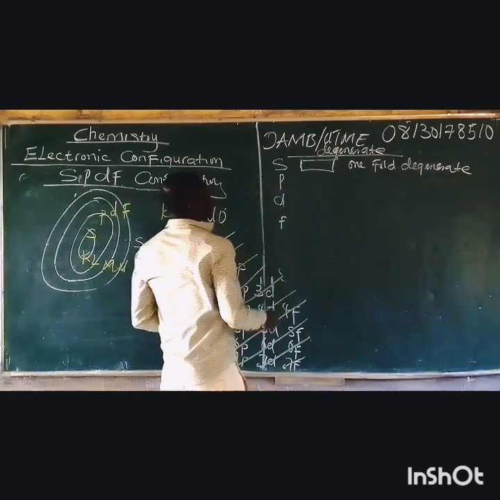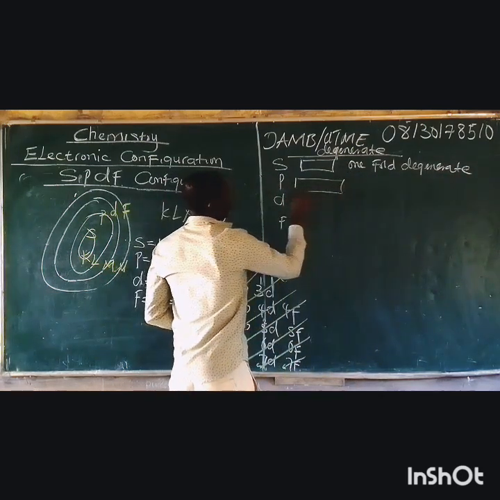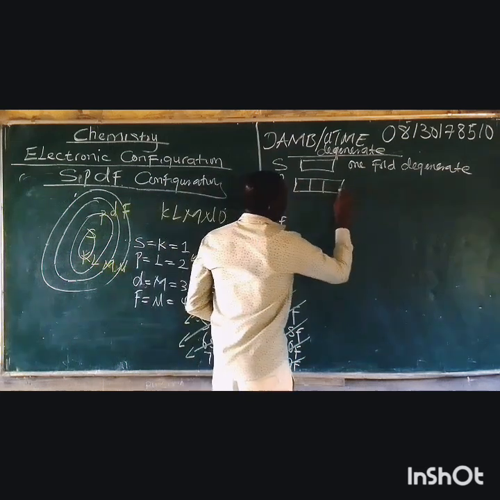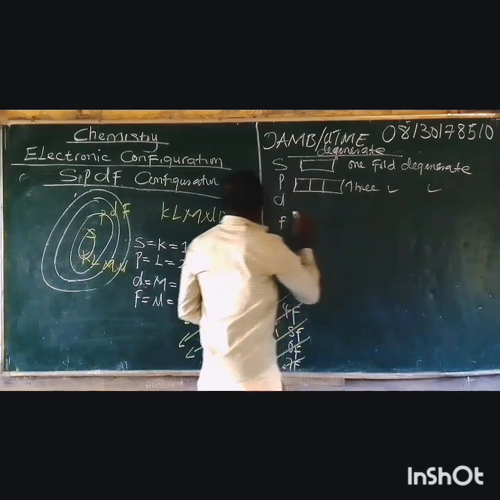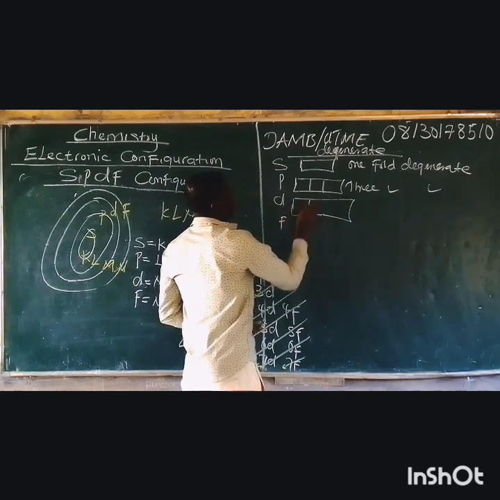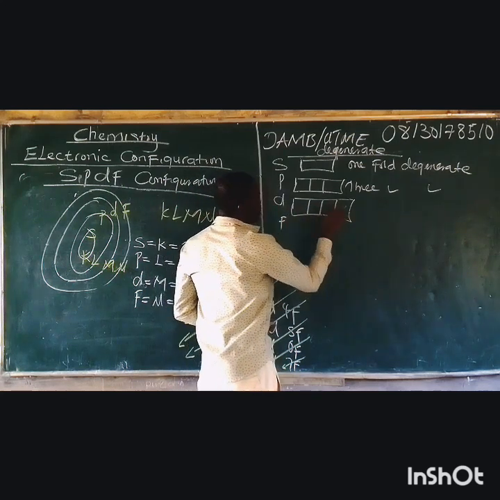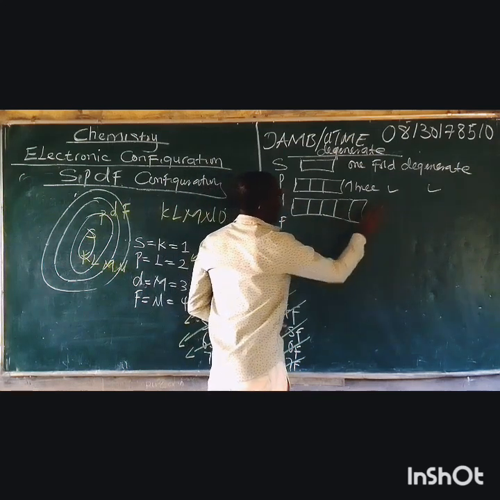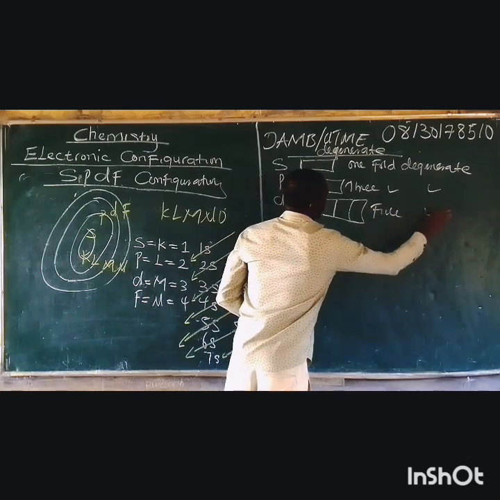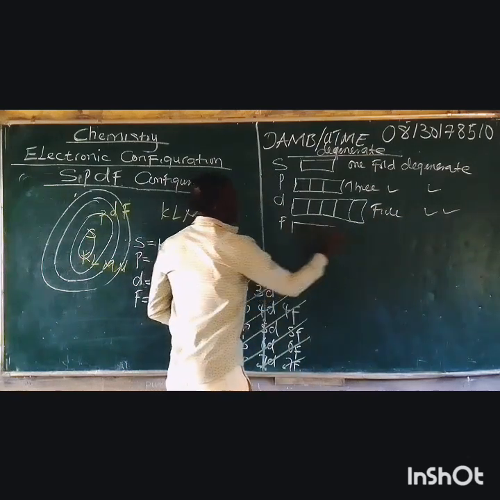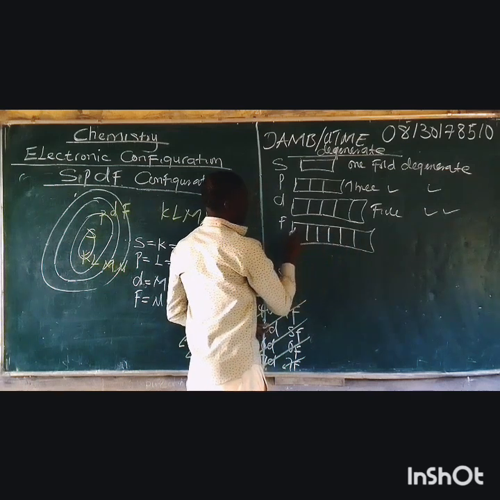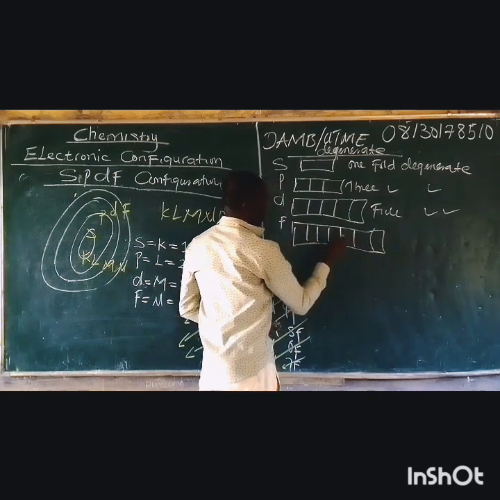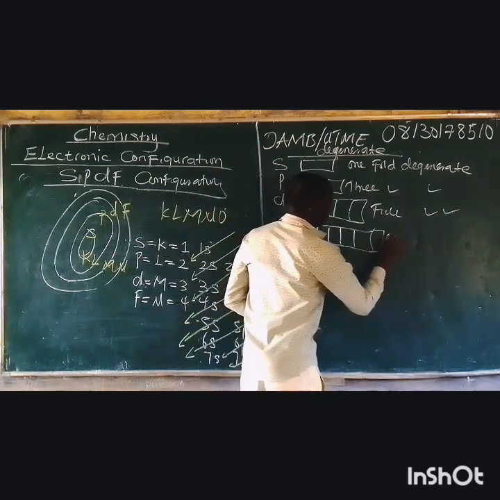The p has three-fold degenerate. The d has five-fold degenerate: 1, 2, 3, 4, 5. The f has seven-fold degenerate: 1, 2, 3, 4, 5, 6, 7.